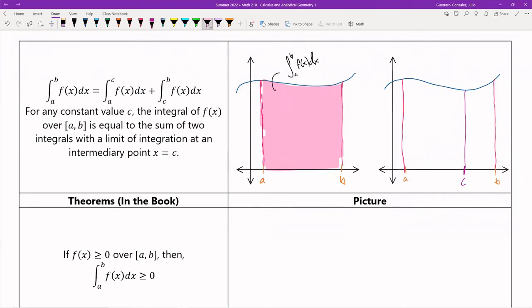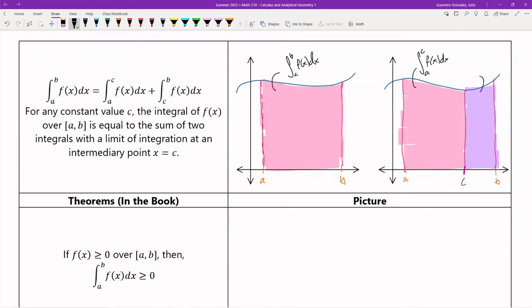So this is equivalent to finding the area from here to here, and then adding on the area that comes after it. You guys see what that means there, right? Like I said, pictures make more sense. So this is going to be the integral from A to C of f of x dx.